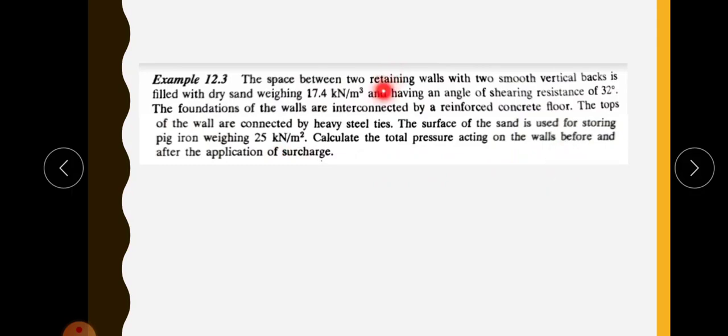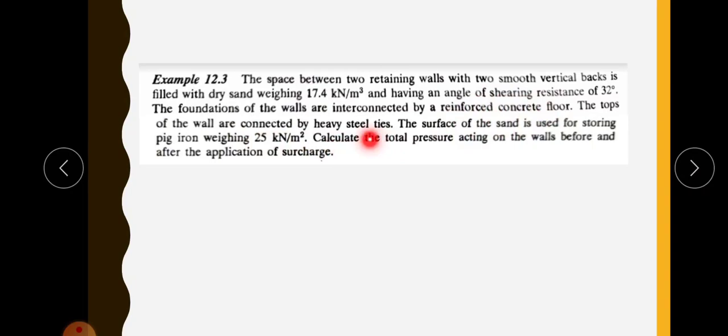So when this type of question is asked in the exam, first you analyze which condition this is, whether it is pressure at rest, or active earth pressure, or passive earth pressure. Okay, then you notice whether there is any surcharge component or water table, etc. Here there are two retaining walls, and the space between them is filled with sand, the foundations of the walls are interconnected by the concrete floor, and the tops are connected by heavy steel ties.